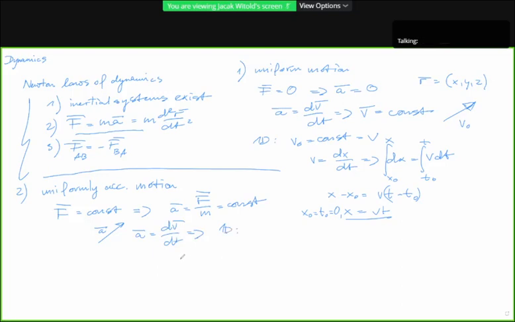one can limit the consideration to one dimension actually without losing generality of this consideration, because all these equations are linear. So if we solve one equation for one coordinate, then we can generalize the result for the remaining two coordinates, and three equations for three coordinates is basically the same as a vector equation, because this vector equation, for example, resolves to such equations: ax is equal to dvx over dt, ay is equal to dvy over dt, and az is equal to dvz over dt.